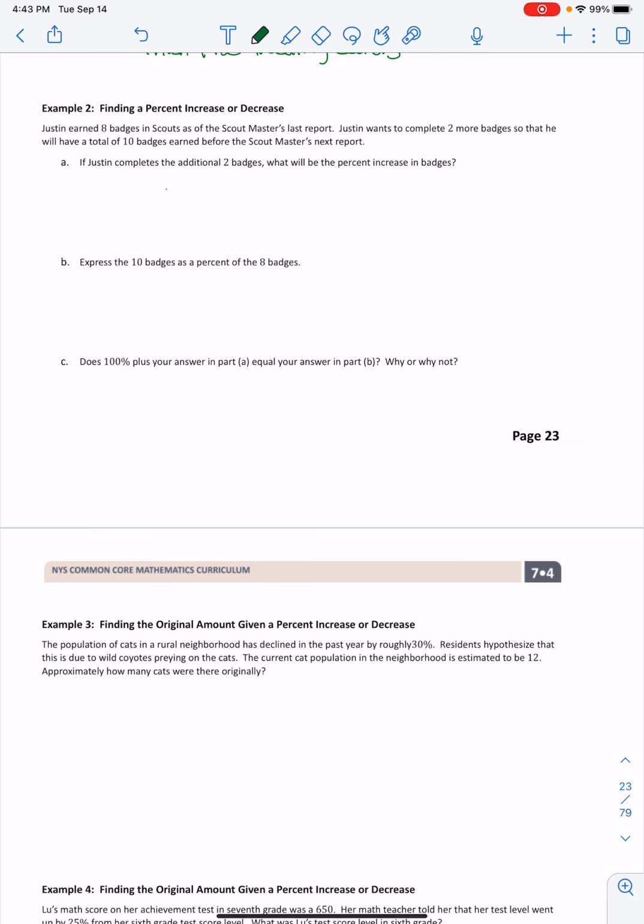Well, we have P, percent, and W. The increase is 2 because he's going to complete 2 more badges. His original is 8, and we want that percent increase. So we have P equals percent times W. So 2 equals X times 8. Dividing both sides by 8, we have X equals 0.25 or 25%.